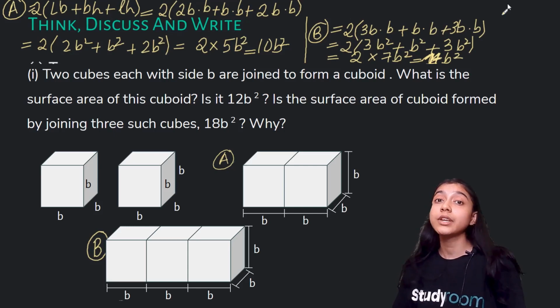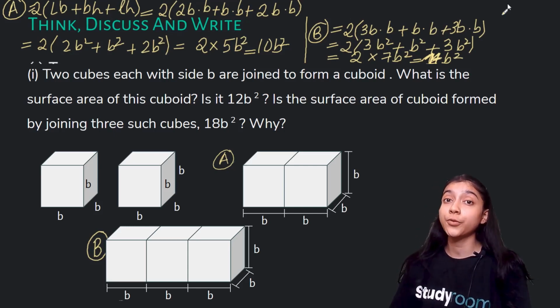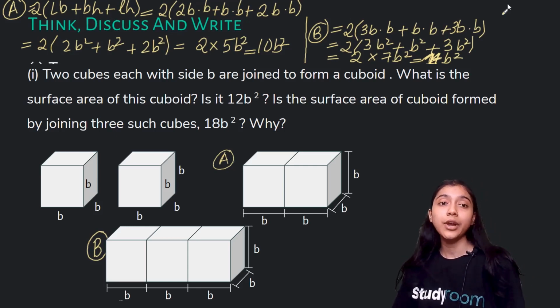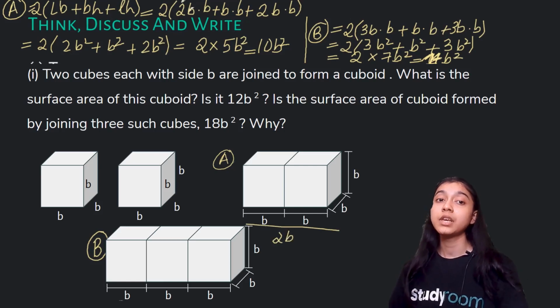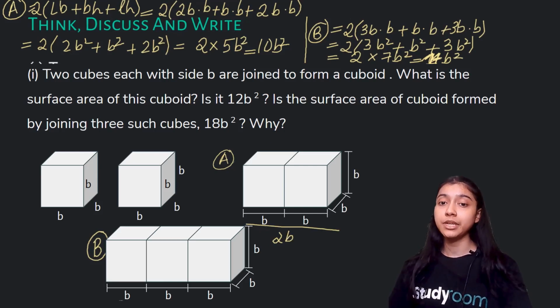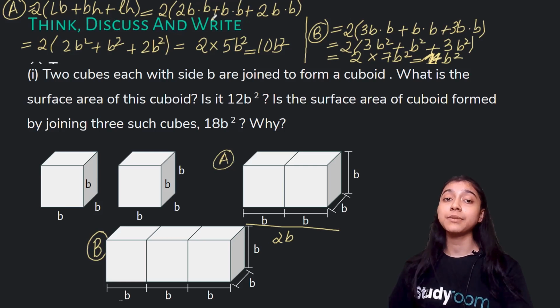So in order to calculate the total surface area of the cuboid, the formula is 2 times length into breadth plus breadth into height plus length into height. So that is equal to 2 times, the length over here will be B plus B, that is 2 times B. So the length will be 2B. The breadth is B, so 2 times 2B multiplied by B plus breadth into height.